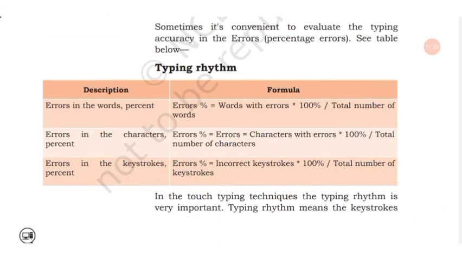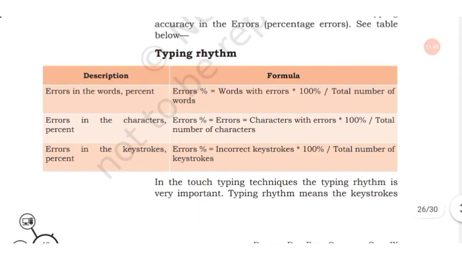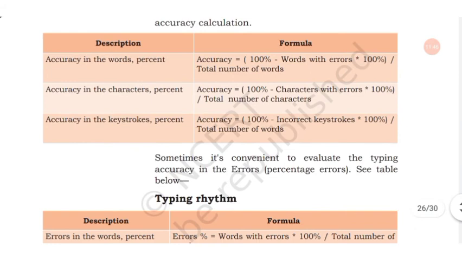Then errors in words, that is error percentage, is given as: error percentage is equal to words with errors into 100% by total number of words.